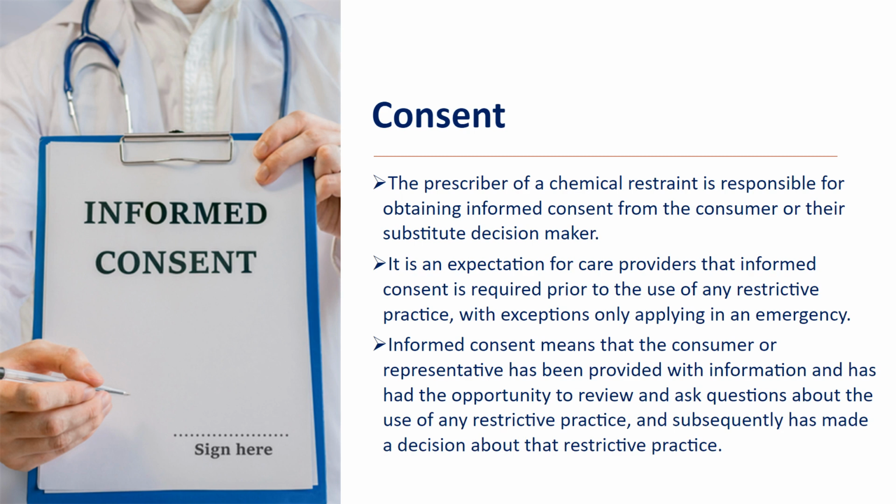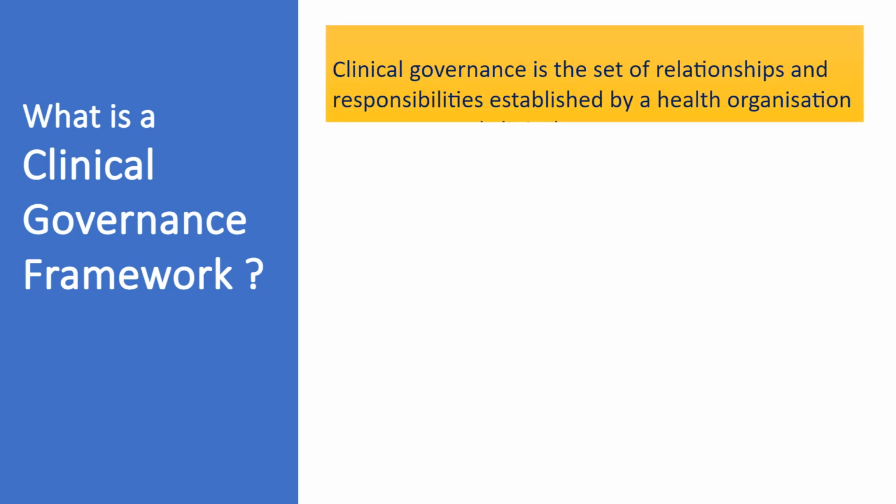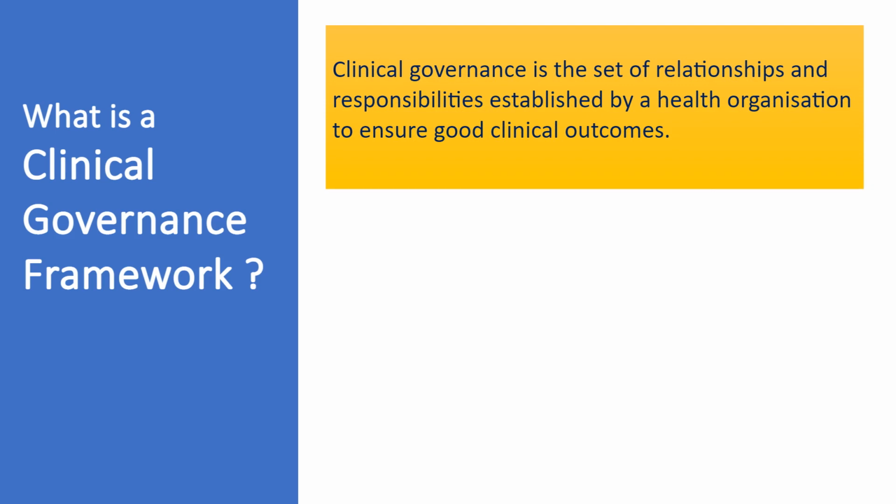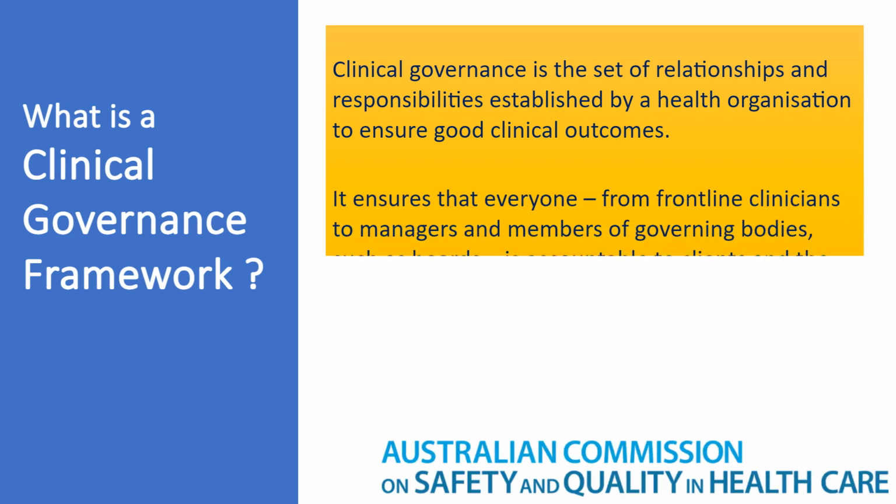So informed consent means that the consumer or their substitute decision maker has been given the information, and they should have had the opportunity to review that information and ask questions, and then have been given time to actually make that decision.